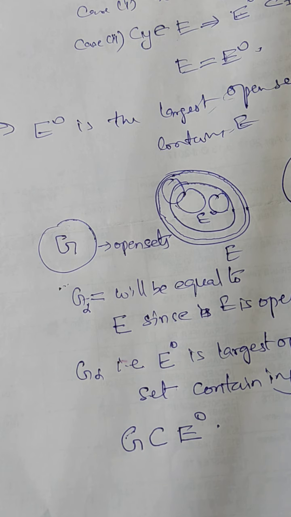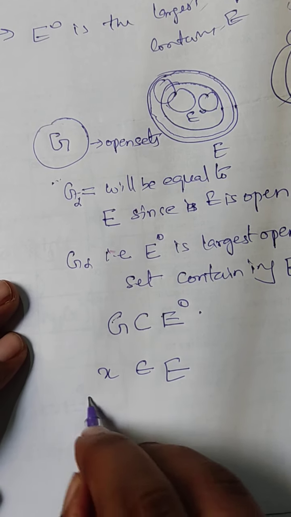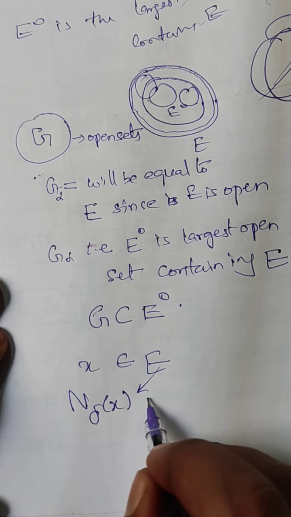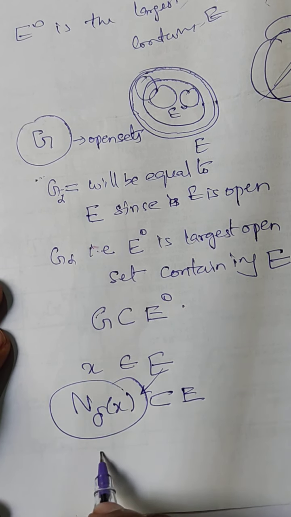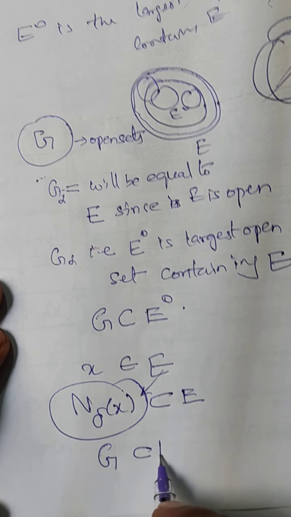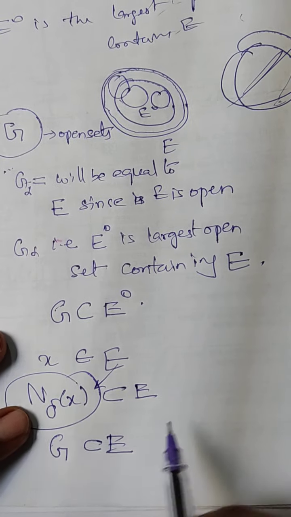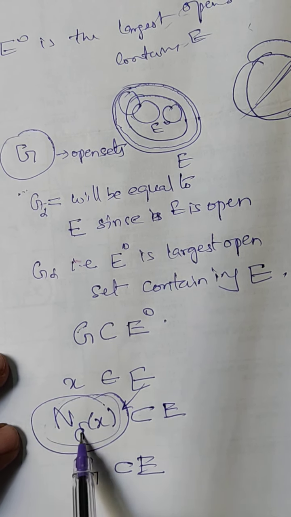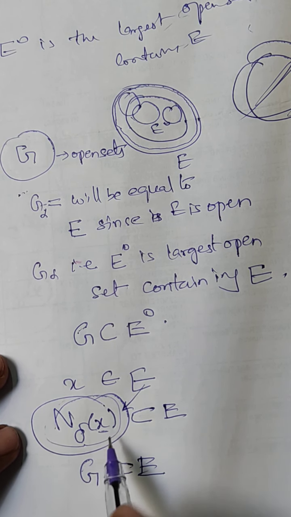So we take a point x belonging to E, take a neighborhood of x, and this neighborhood of x is a subset of E. We are naming this neighborhood of x as G, a subset of E. By the previous explanations, this neighborhood of x contains other points other than x, for example y.